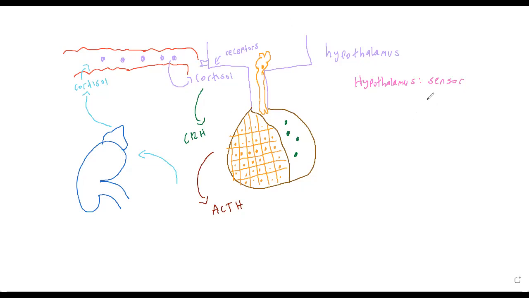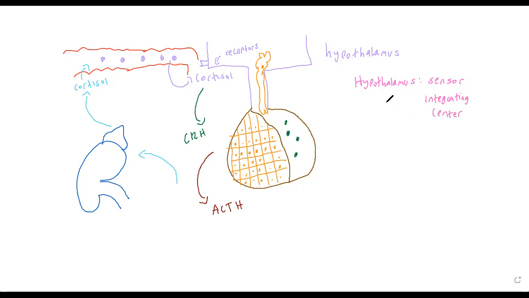Now, on top of being a sensor, the hypothalamus is also an integrating center, which means that the integrating center receives a signal and determines an appropriate response.